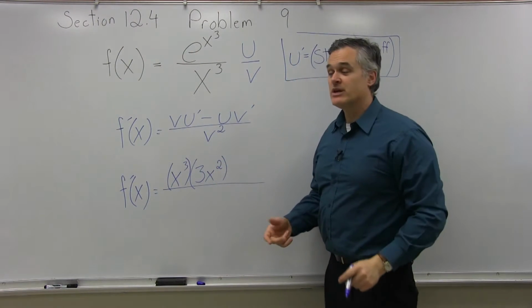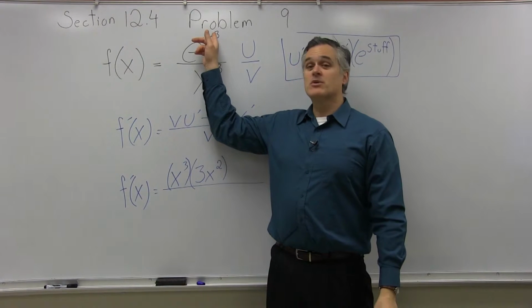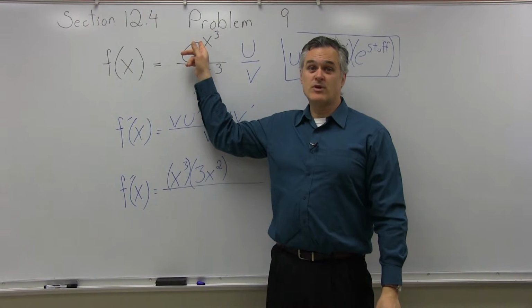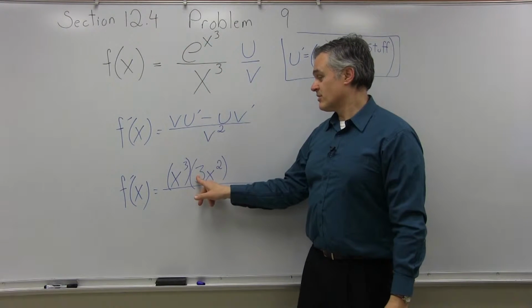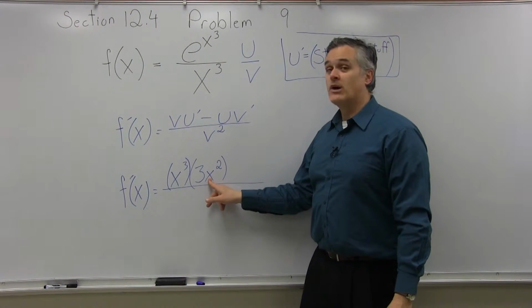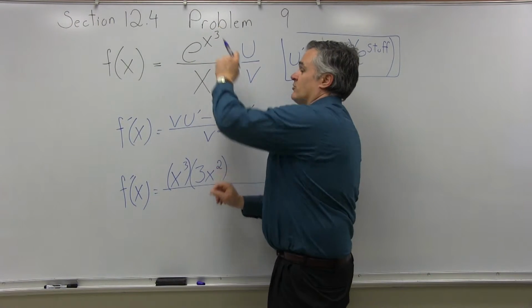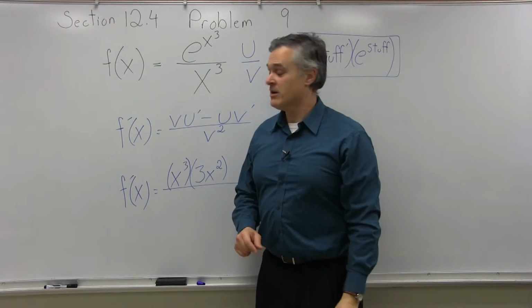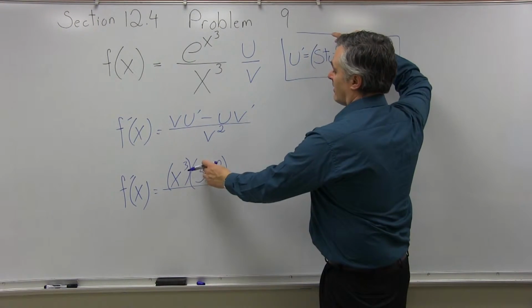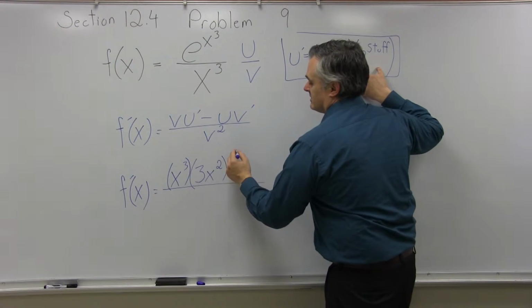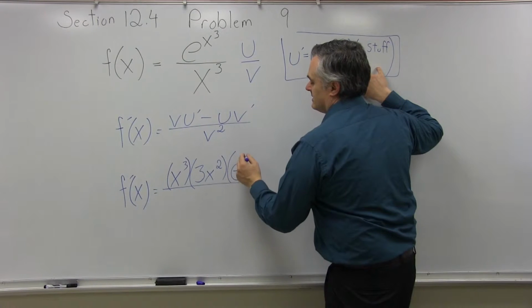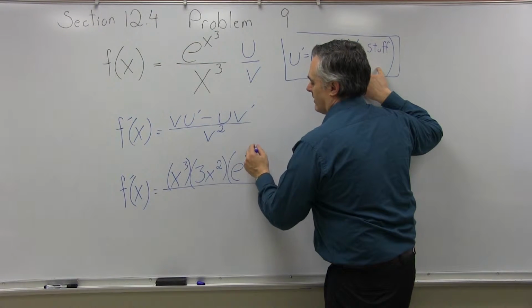Where that 3x squared comes from: the exponent of 3 comes down times the number in front, which isn't written but understood to be 1. So 3 times 1, there's the 3. X to 1 less power, so the third power will drop down to a second power. So that's my stuff prime. And then it's times e to the stuff, so e to the x cubed power.